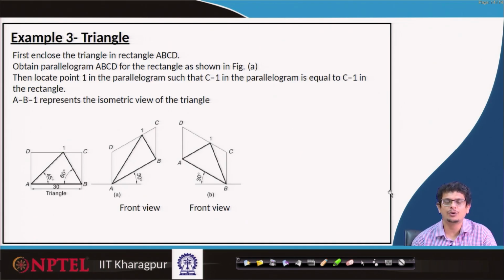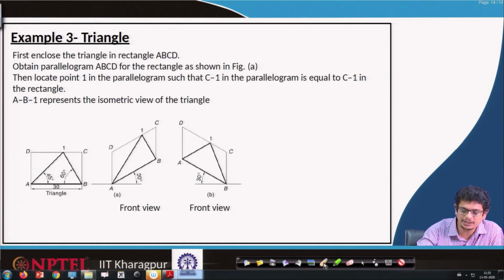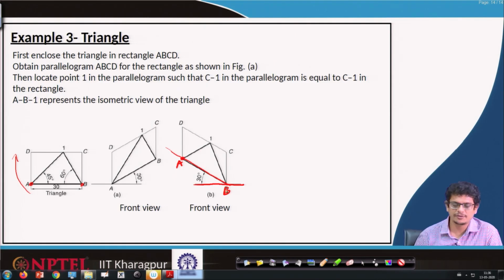Similarly, if we would like to have the left sided front view in the isometric planes, first draw a horizontal line. A point we are rotating in that direction. So, draw a line at 30 degrees, transfer AB length here, construct the remaining rectangle, BC lines vertical, AD lines also vertical, draw them, transfer 1 to C length here.